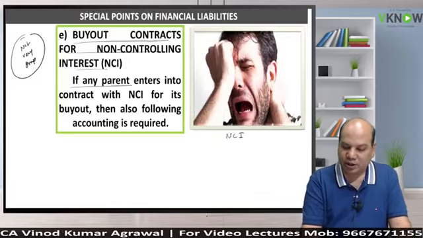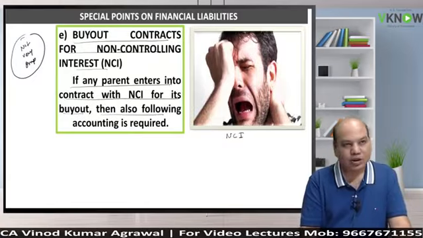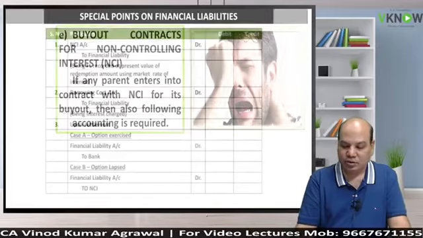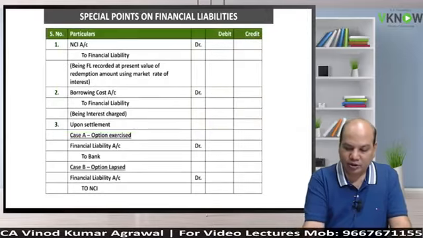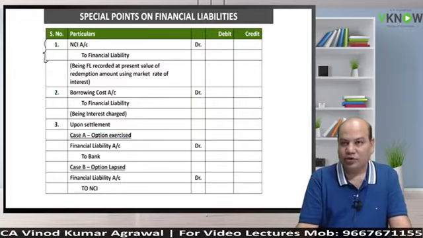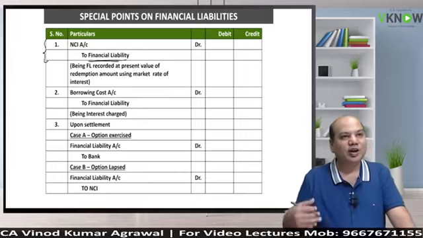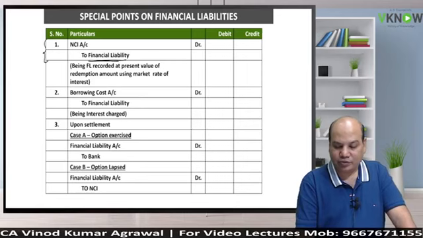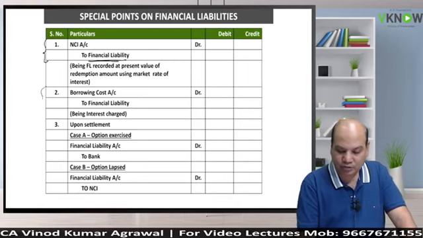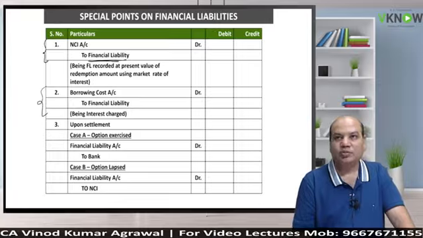So if any parent enters into a contract with NCI for its buyout, then the following entry is required. The entry would be, like the previous para, NCI debit to financial liability, because I have promised to pay him some amount.